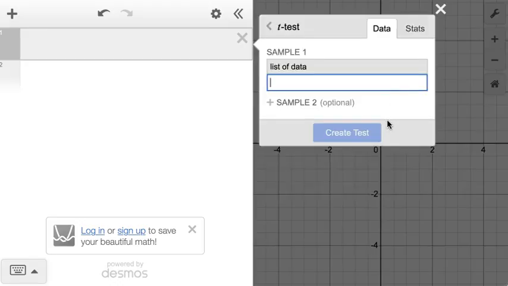We do not have the actual data, so we will switch to the Stats tab. So the sample size in the question was 33 apartments. The mean from the sample was 625 square feet. And the standard deviation from the sample was 100.